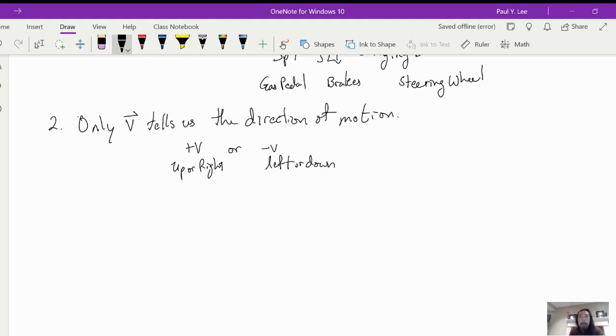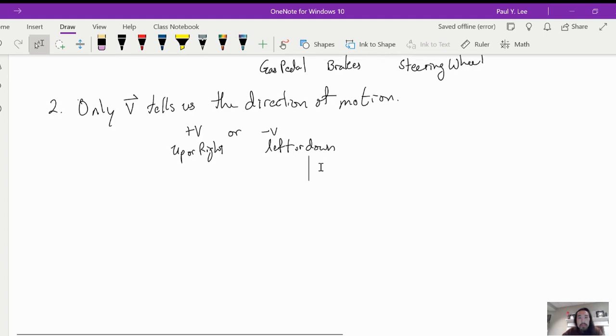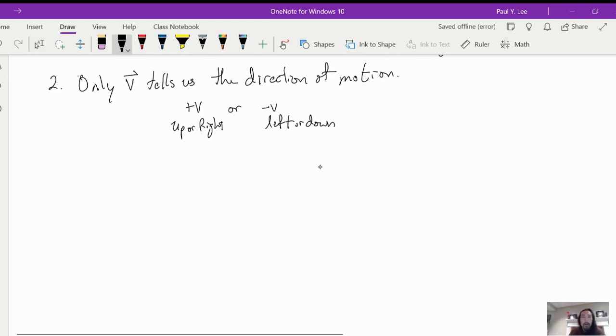Now, the way that a lot of students get this confused is by thinking that the acceleration tells us the direction of motion. But that's not the case. So let's write down: acceleration does not equal the direction. It only tells us how much the velocity is changing.